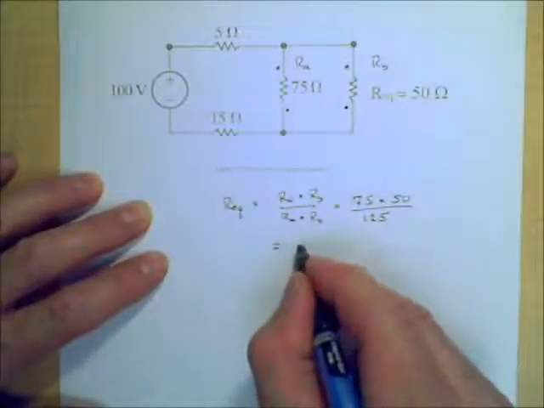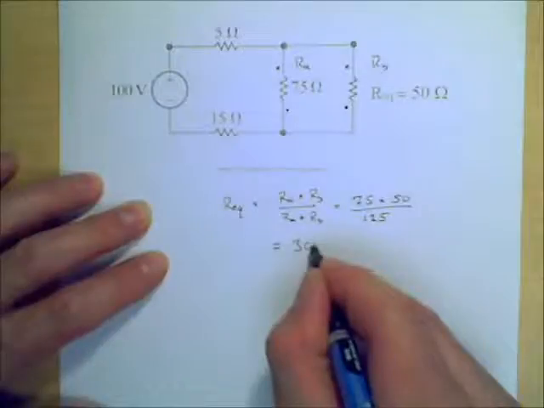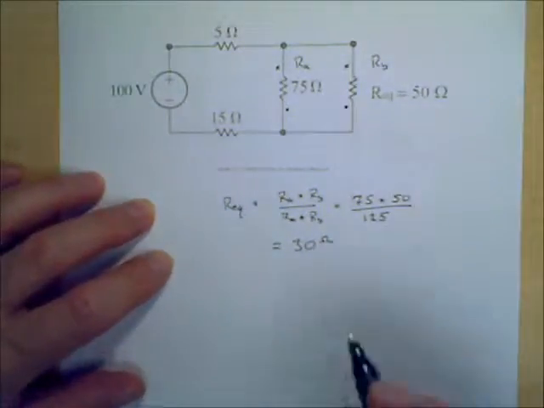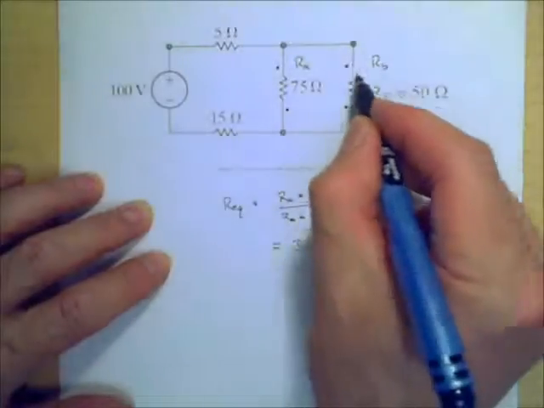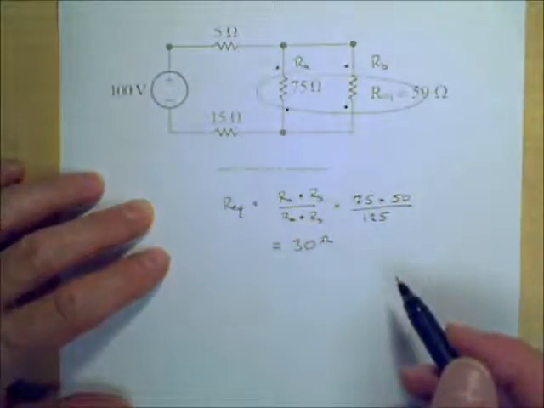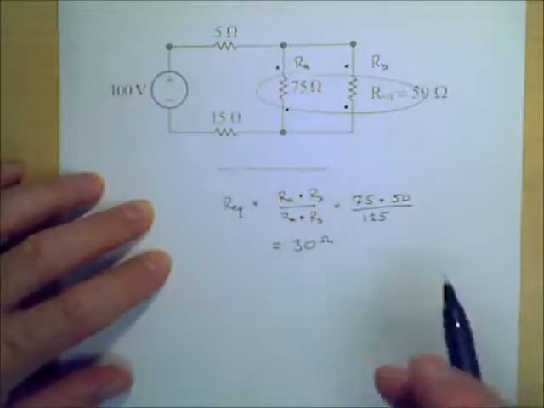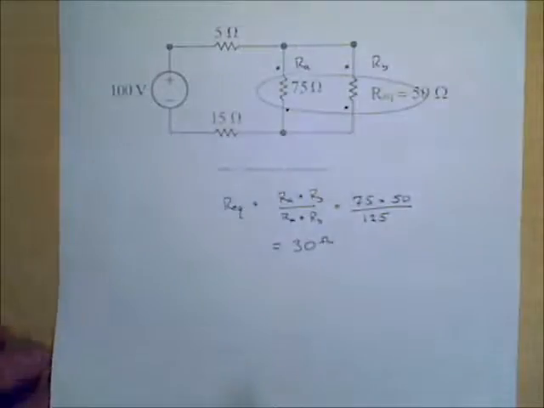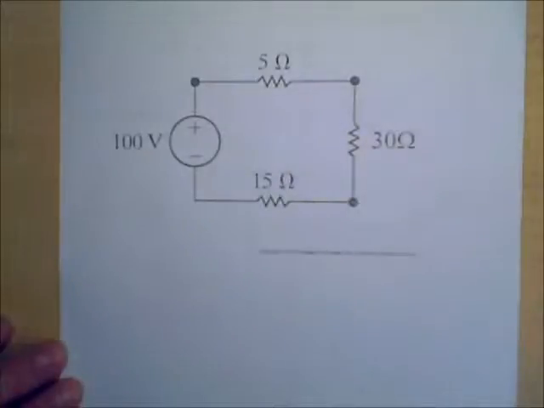A little math will tell us that this is 30 ohms. So there's an equivalent resistance in these two branches, which combine to give a 30 ohm resistance. So we will replace that combination with a 30 ohm resistor.